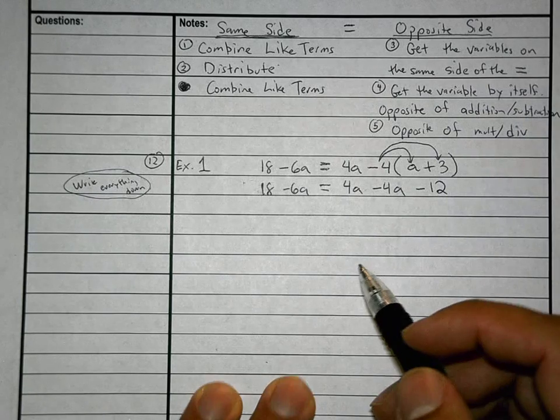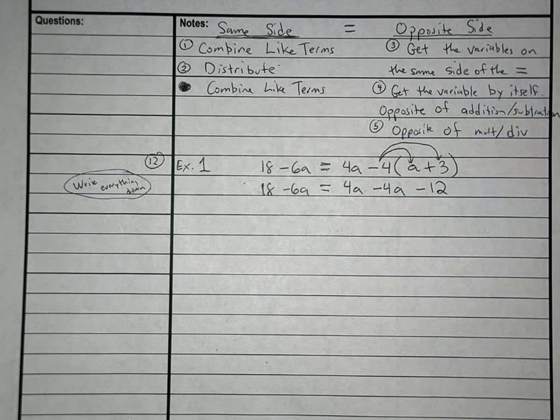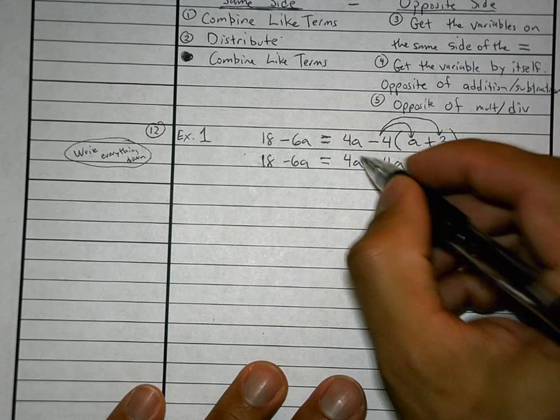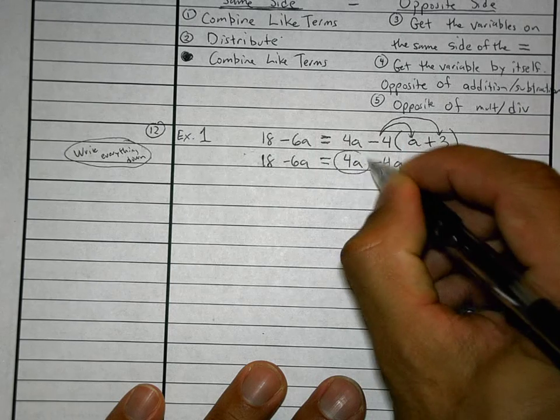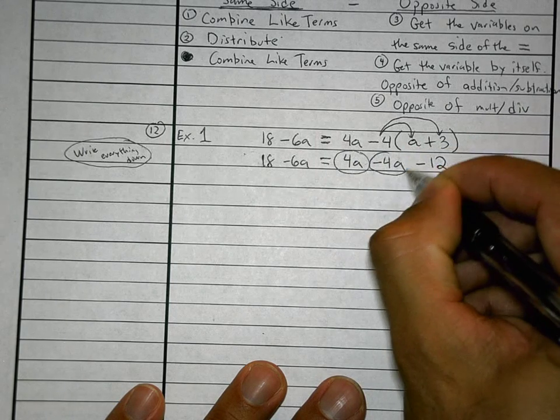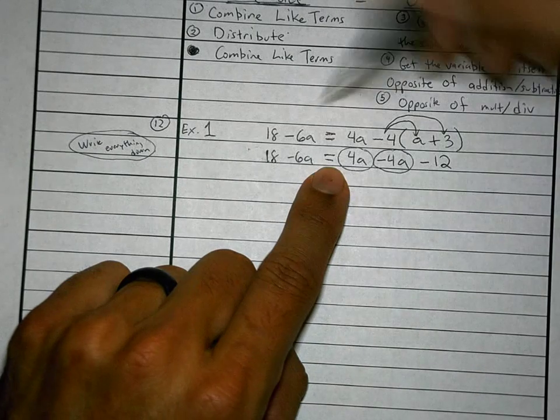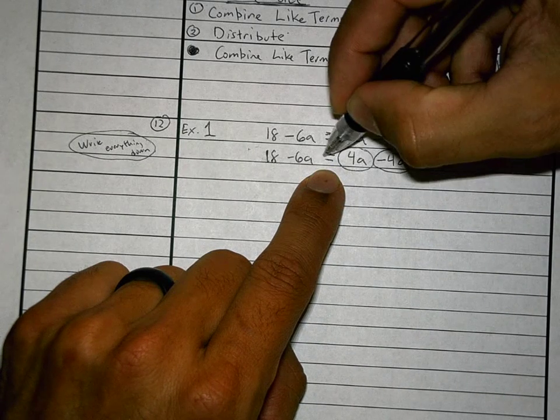Wait a second. So what are my 2 like terms? Which letters? Let's see. Or what numbers and letters are our like terms? Okay, so I'm going to circle these 2 things. Are those 2 things on the same side or are they on opposite sides? Same side. And when I say that, we're looking at the equal sign. Here's the equal sign.